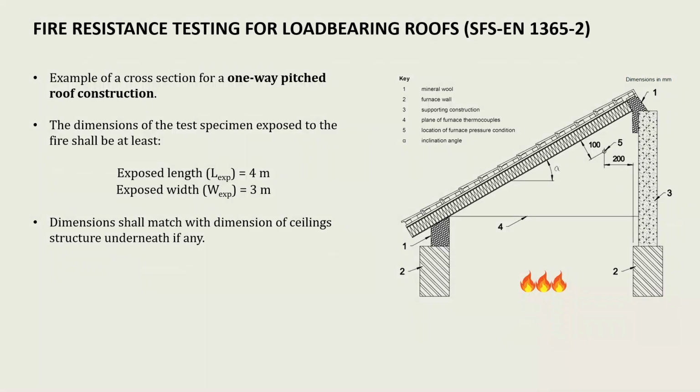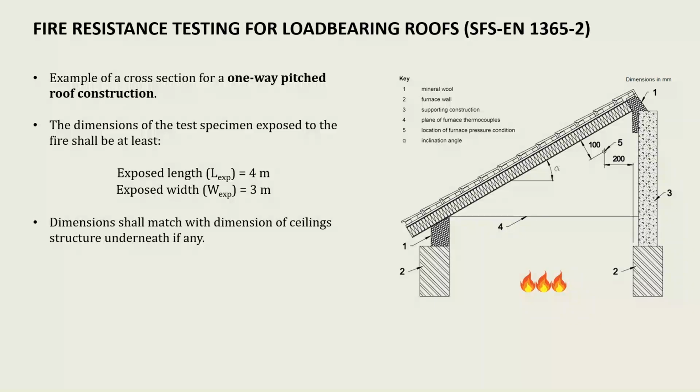This slide illustrates the fire resistance testing setup for load-bearing roofs following the SFS EN 1365-2 standard. The test uses a one-way pitched roof as an example, with a minimum exposed specimen size of 4 meter length and 3 meter width. Additionally, if a ceiling structure is present, the specimen dimensions must align with it.